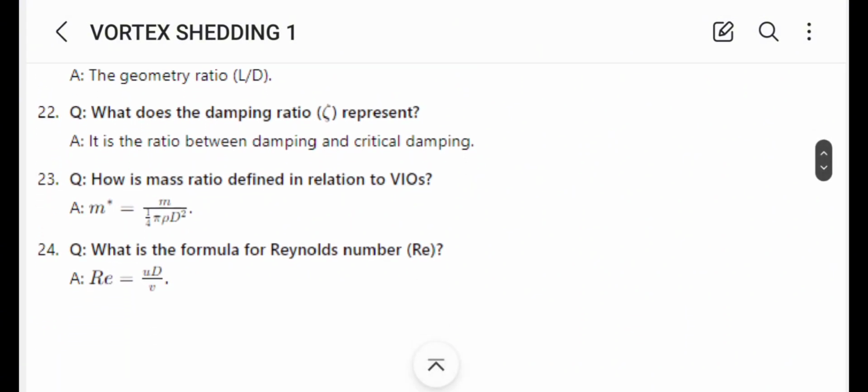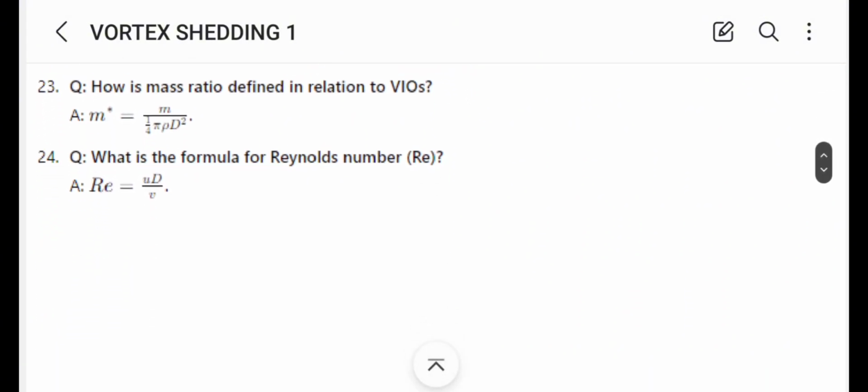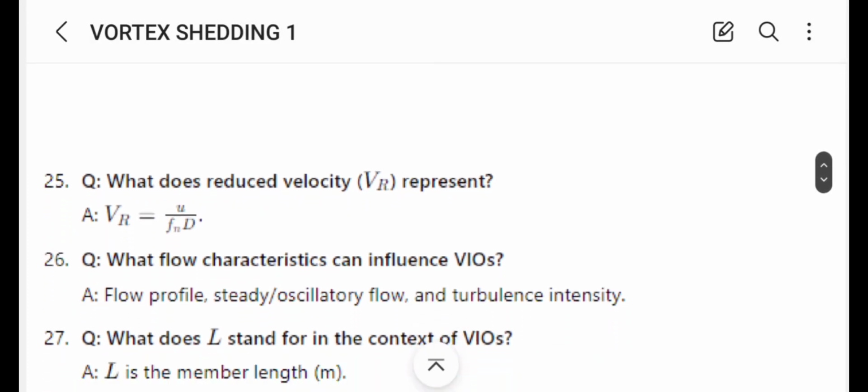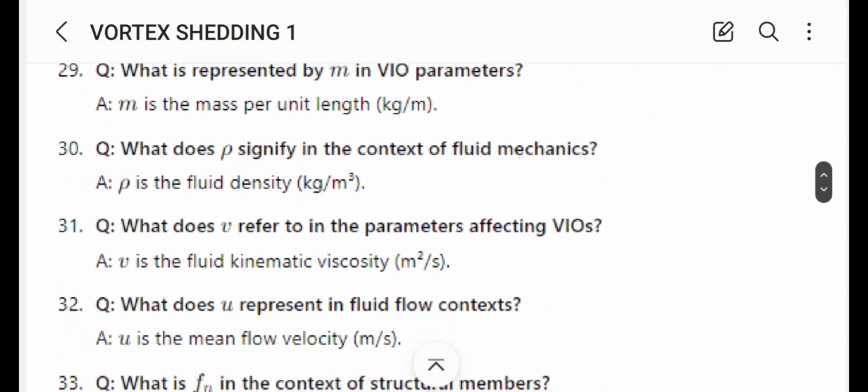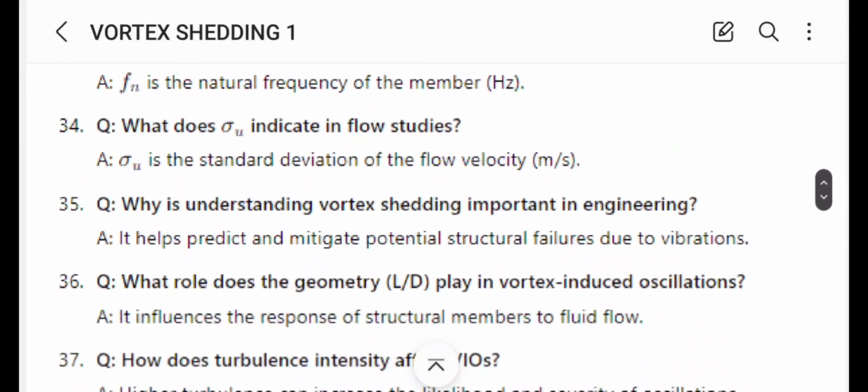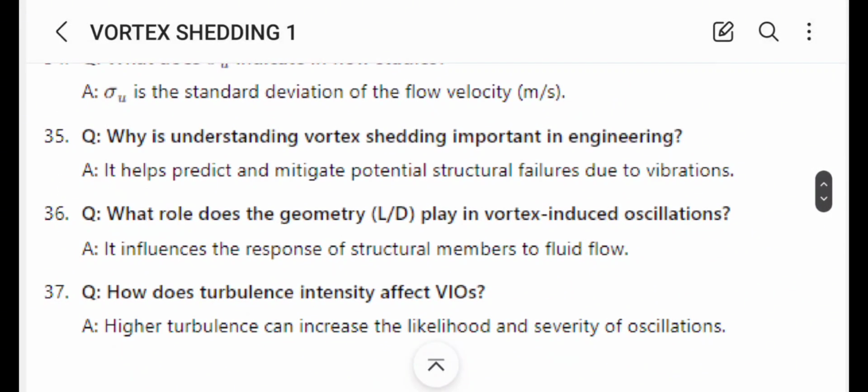How is Reynolds number defined? U, D, rho. What is reduced velocity? Reduced velocity Vr is equal to U divided by Fn, the natural frequency, times the diameter. What is L? Length, D the diameter, mass, density. Why is this understanding important in engineering? It helps predict and mitigate potential structural failures due to vibrations.